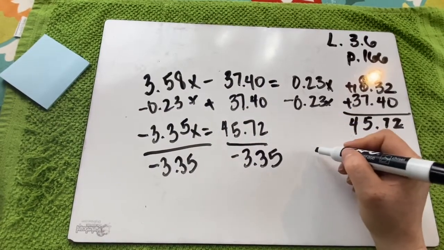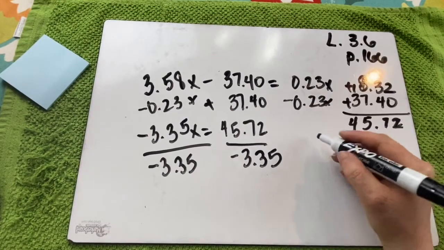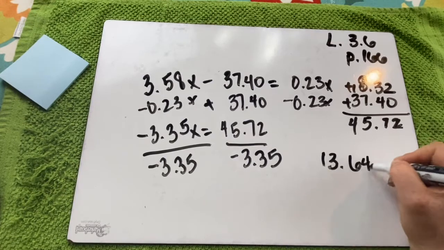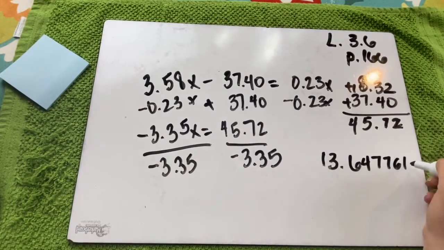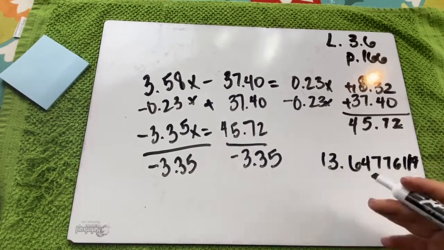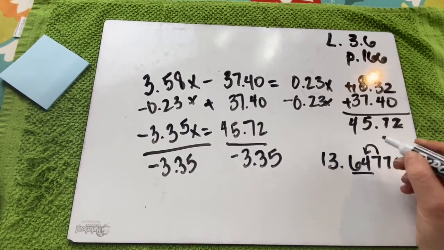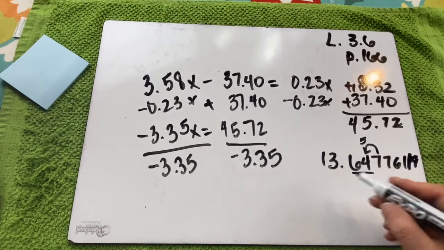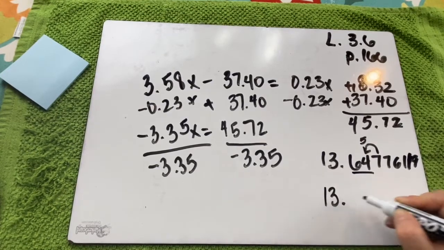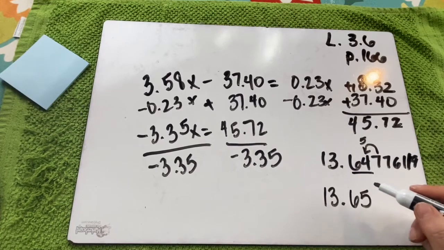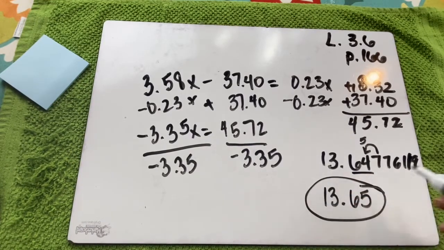Which this is going to get you to, on your calculator it should say 13.6477619, something like that. Okay, so we're looking at the first 2 here. That 7 is going to bump this one up to 5. Okay, so this will be 13.65. That's your answer.